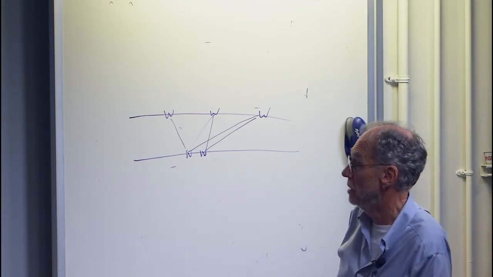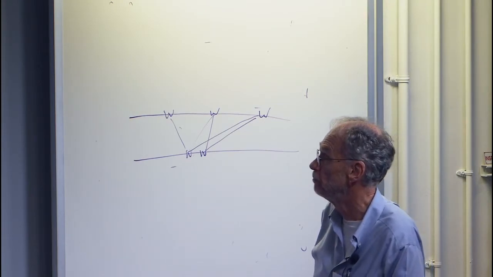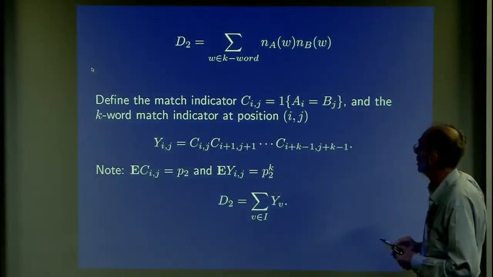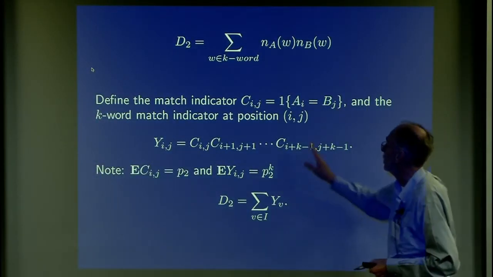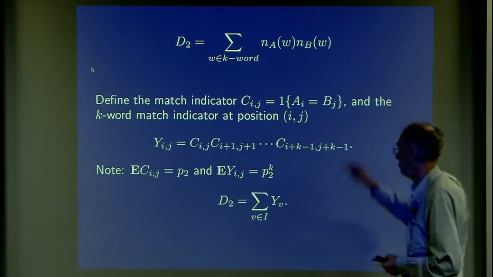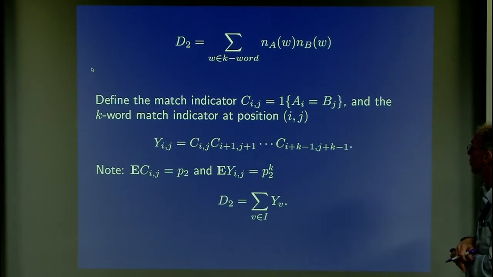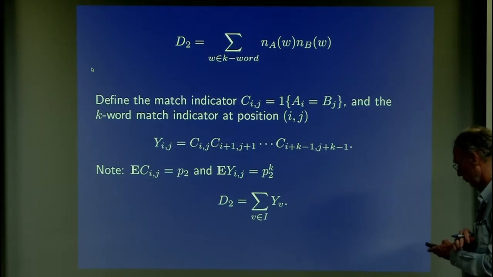That's what this is, match indicator. And you get the K word matching if K of those on the diagonal are equal. You can compute the mean and the variance and so on.